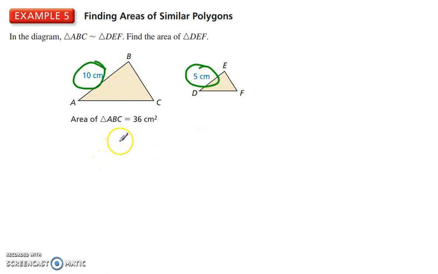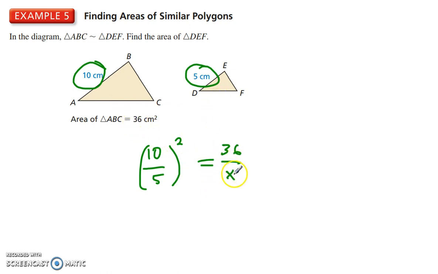If I want to find the new area of DEF, I would take 10 and 5. The ratio of the areas is the same as this squared, equal to large triangle, 36, over small triangle. I set myself up the wrong way around here, so I'm going to have to do 2 steps, but that's okay.